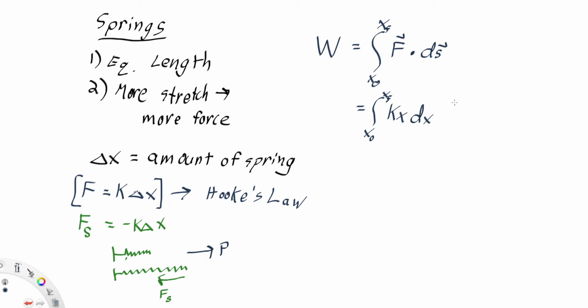All right, now that we're here, this is actually a pretty easy integral to do. Integral of x dx is 1/2 x squared. So we get 1/2 kx squared evaluated at the initial length and the final length.